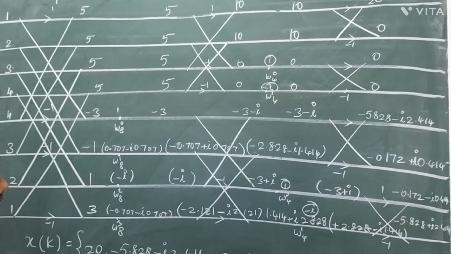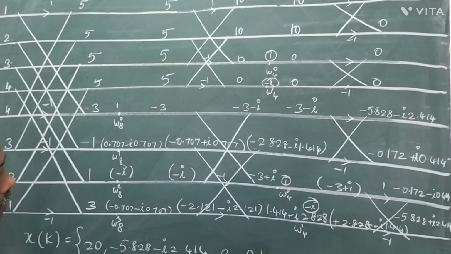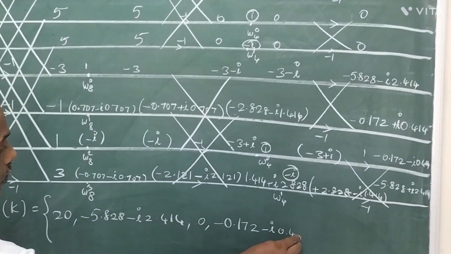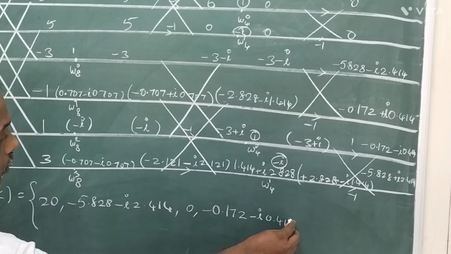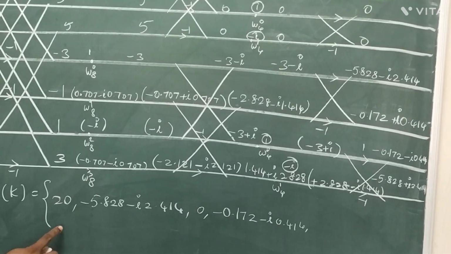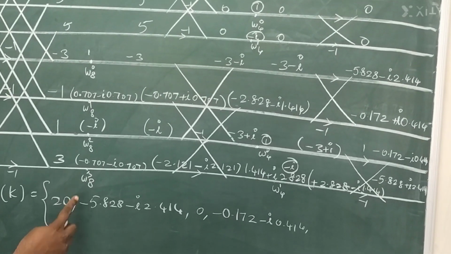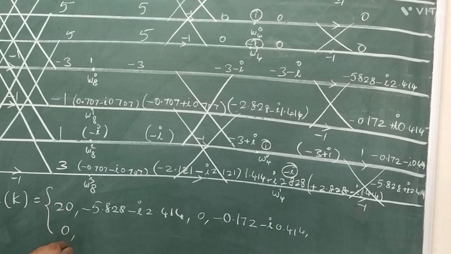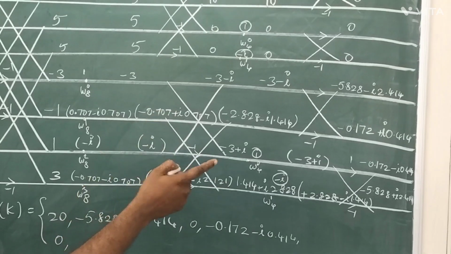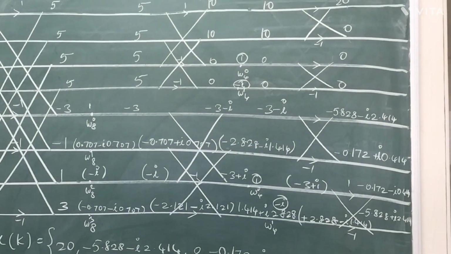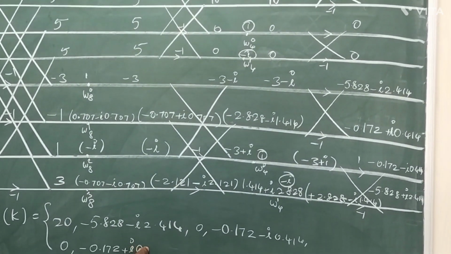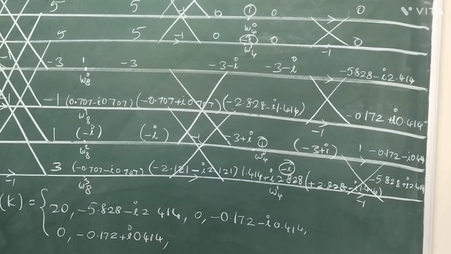Minus 0.172 minus j 0.414. Then 0, 1, 2, 3, and then the fourth position, that is 0, 4, 2, 6, which is 0. Then the fifth position, that is 1, 5, 3, 7, which is minus 0.172 plus j 0.414.